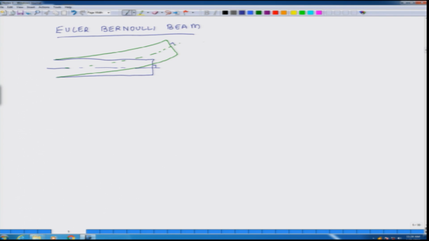So, a lot of times in literature you will see that they say that plane sections remain plane and normal after bending. Okay.